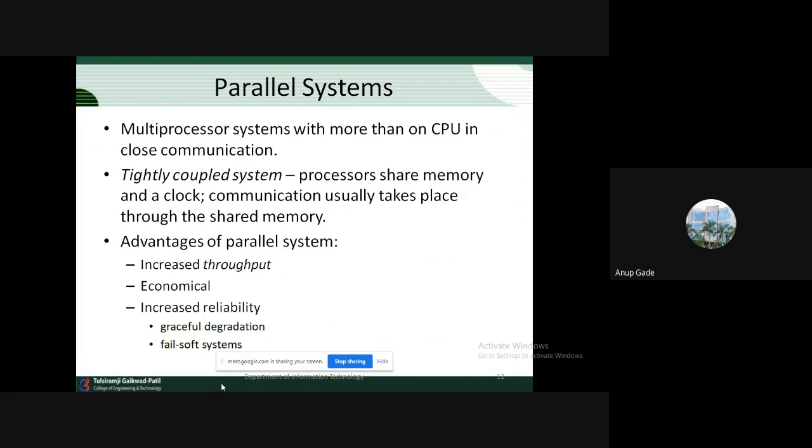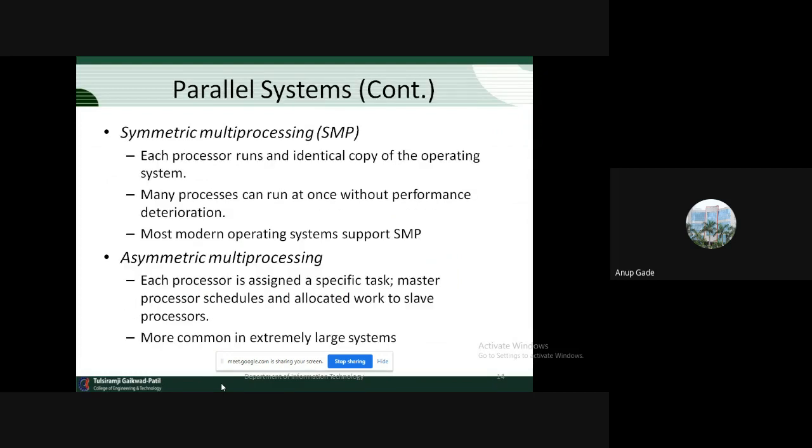It is economical in nature, as it shares the memory. It performs its responsibilities and tasks in a very fast manner. So the systems are economical in nature. It increases reliability. As I said, the task of 10 systems has been divided among the remaining 9 systems, so it is reliable in nature. Graceful degradation: the best example is the Tandem system and failsafe systems.